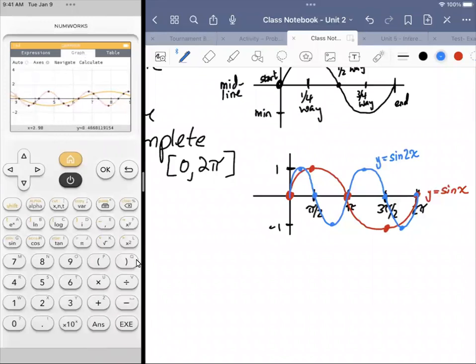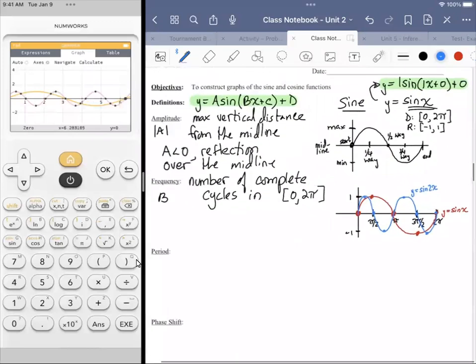But if I bring this back to 0, we're starting off at 0, increase, decrease, increase, 1 full wave, increase, decrease, increase, 2 full waves, increase, decrease, increase, 3 full waves over that interval. So the B value actually controls how many complete sine waves there would be in a 2 pi interval.